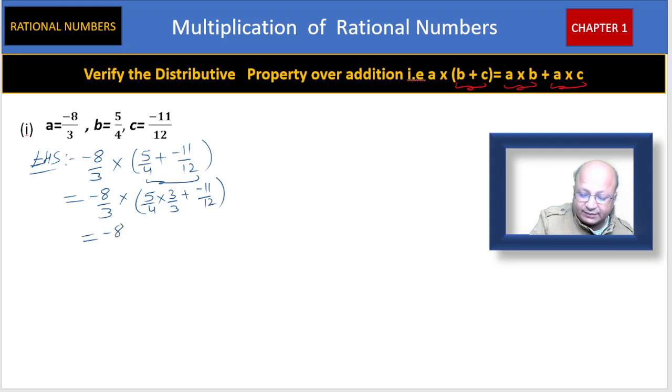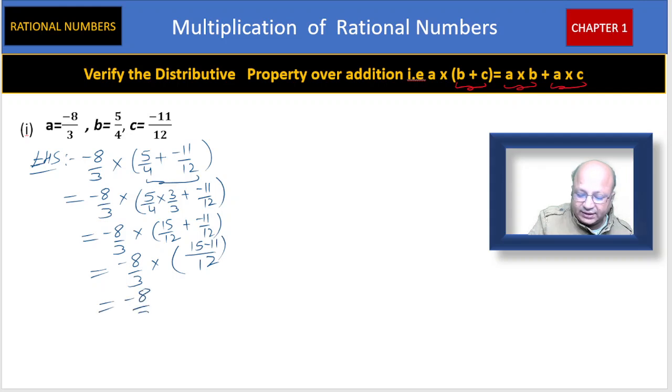So minus 8 upon 3 multiply by 15 upon 12 plus minus 11 upon 12, minus 8 upon 3 multiply by, 12 will be the denominator. 15 minus 11 is equal to minus 8 upon 3 multiply by 4 upon 12.